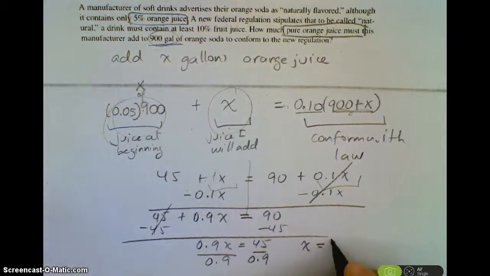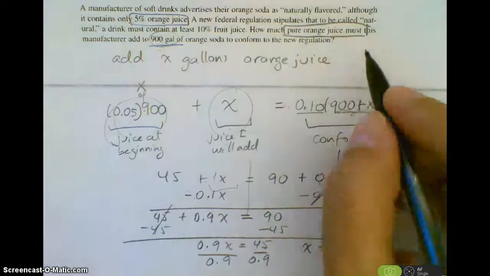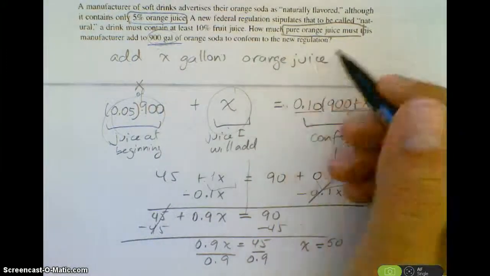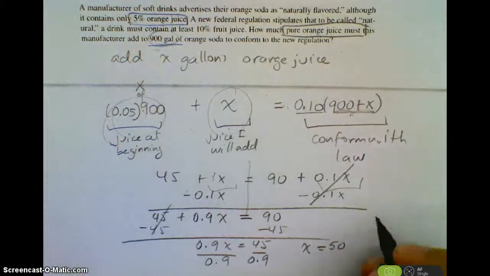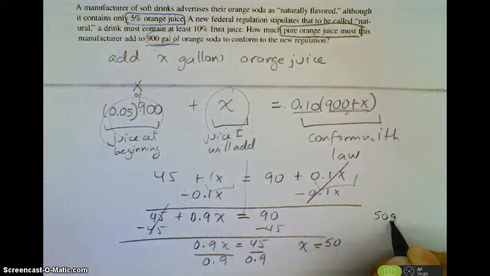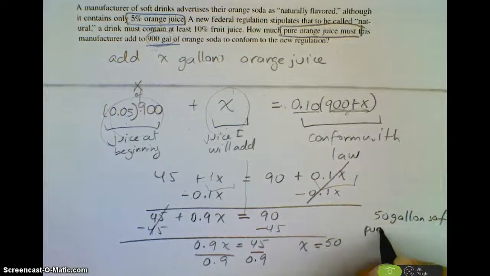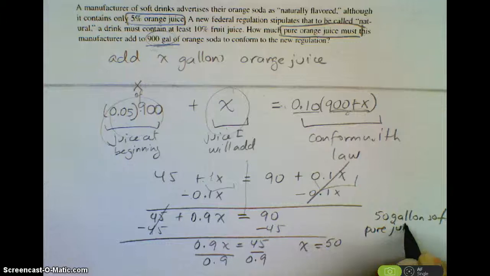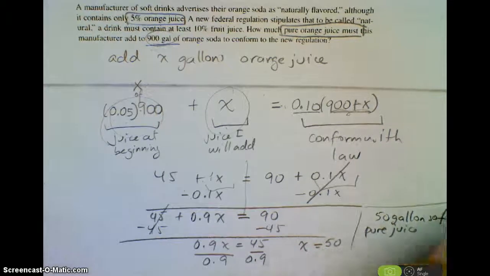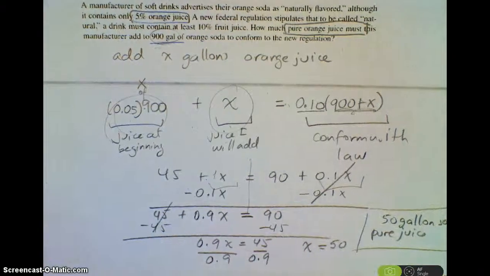Then I find out that X equals 50. So how much pure orange juice needs to be added? 50 gallons of pure orange juice should be added. Bam, that's my beautiful answer.